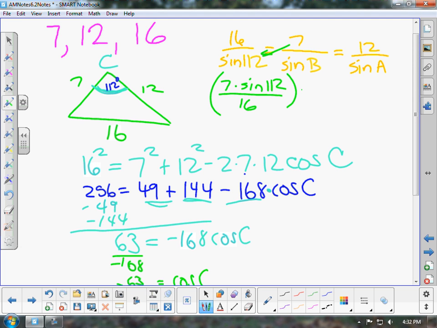And then take that whole thing, and that will equal angle B once you take the inverse sine of it.